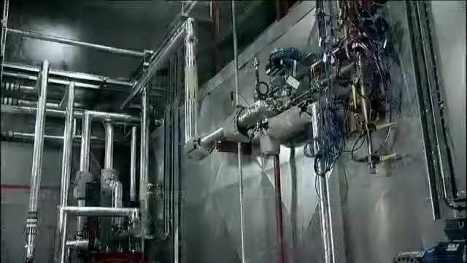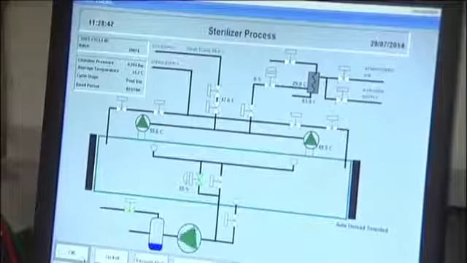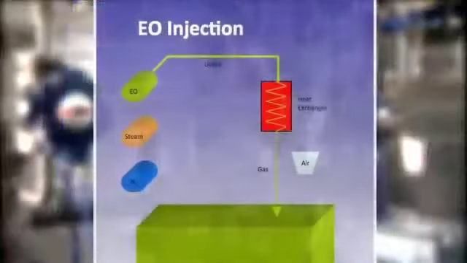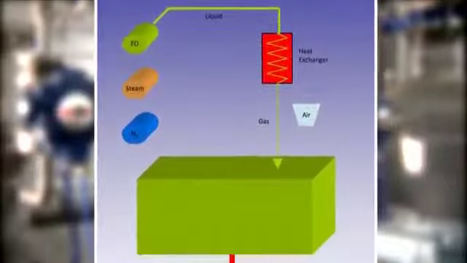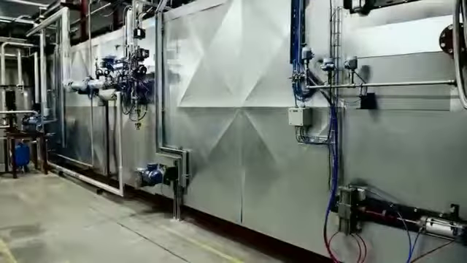Following a conditioning dwell period, ethylene oxide is added to the chamber to a predefined pressure to give the desired concentration. Ethylene oxide is allowed to soak into the load over a specified dwell period that has been validated to deliver the required sterility assurance level.